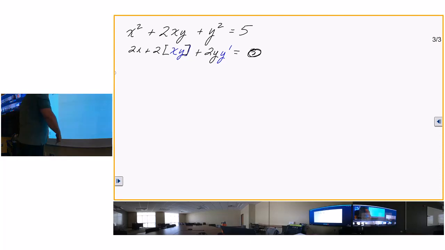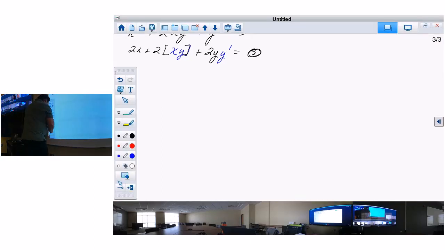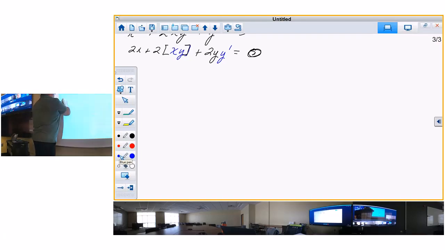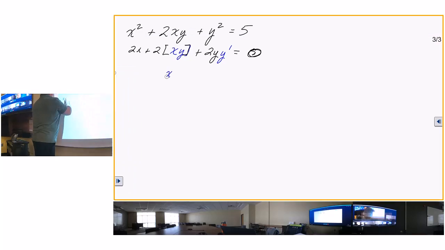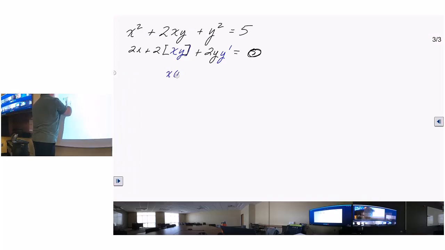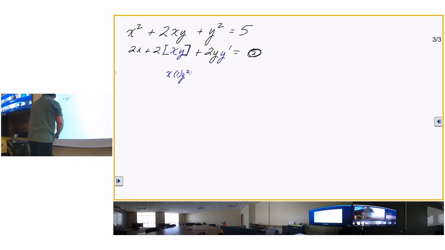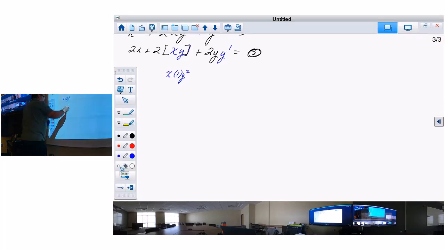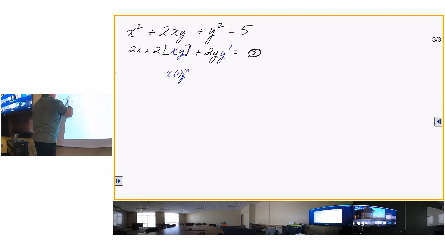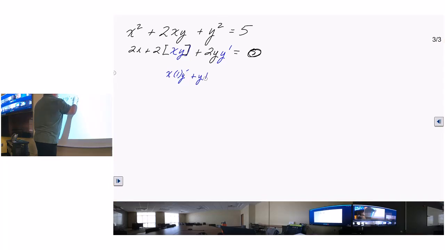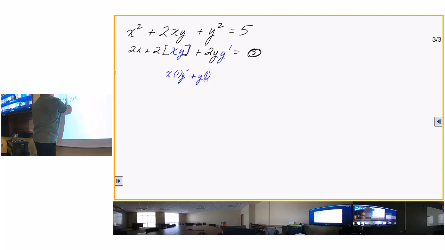And that's going to give us, I'm going to come right here, and I'm going to do first times the derivative of the second plus the second times the derivative of the first. And that's that little area right there.